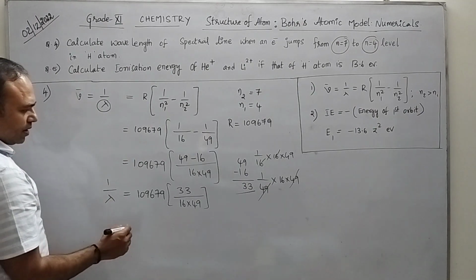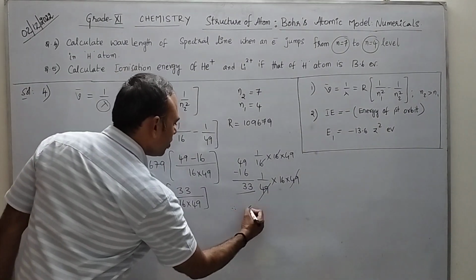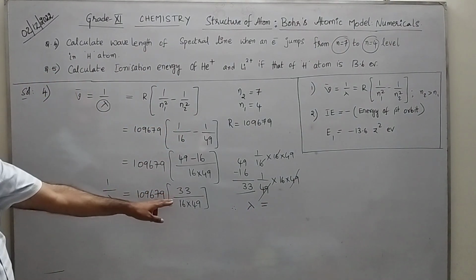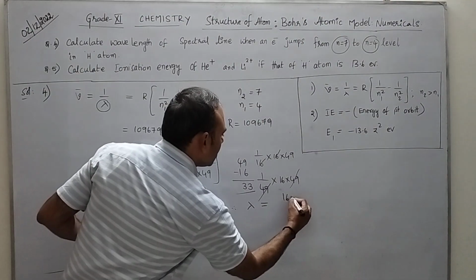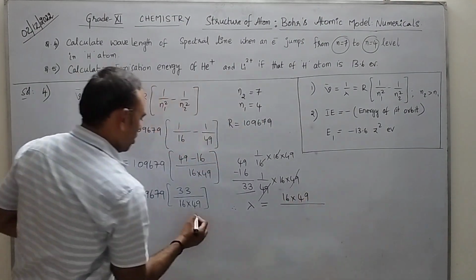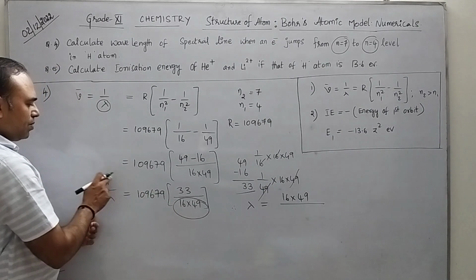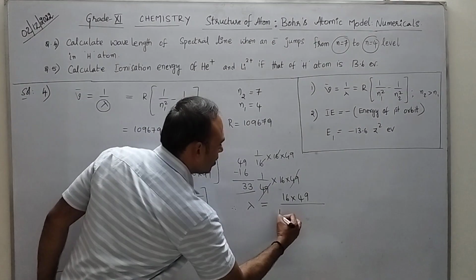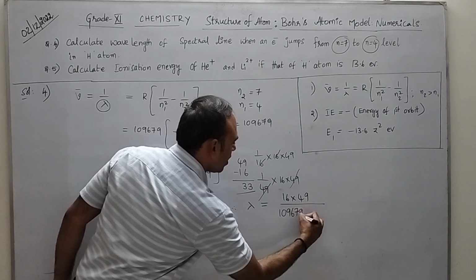Now you can calculate lambda directly. Therefore lambda is equal to, the whole thing will come to the other side, 16 into 49. So the denominator will come to the numerator and the numerator will come to the denominator. Hence 109,679 into 33.